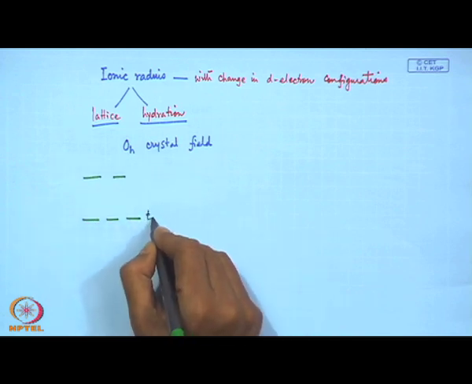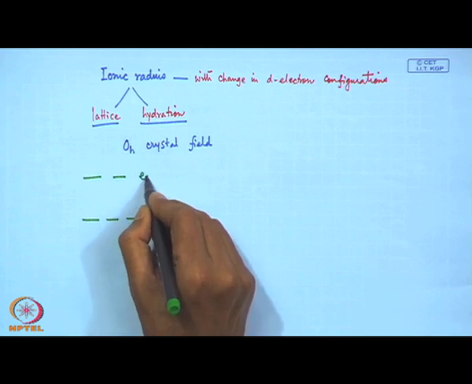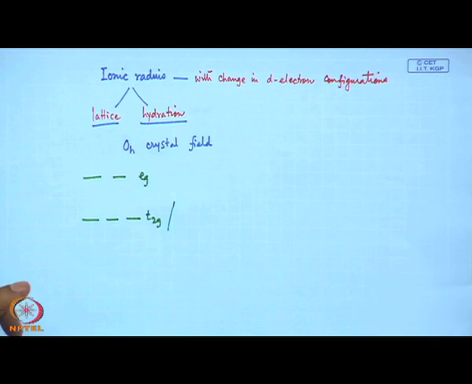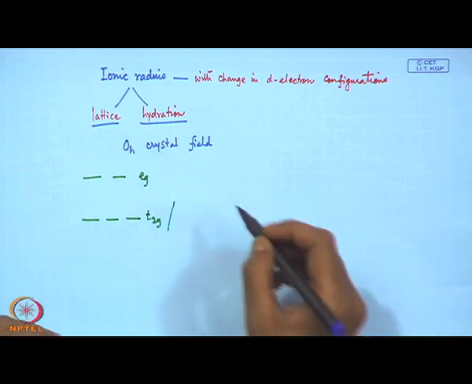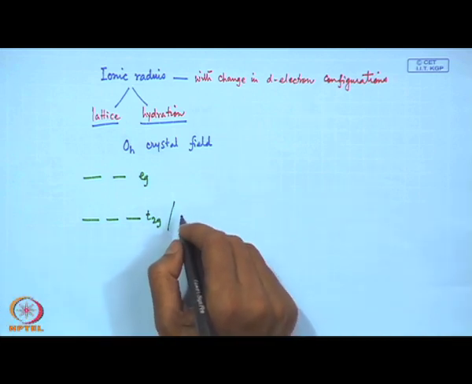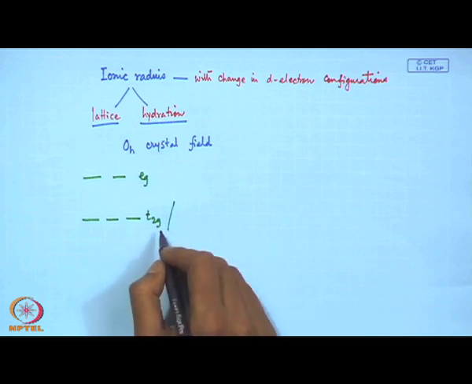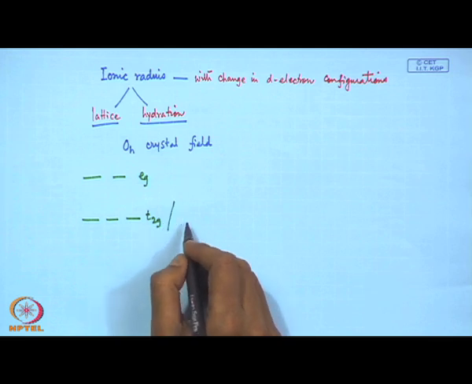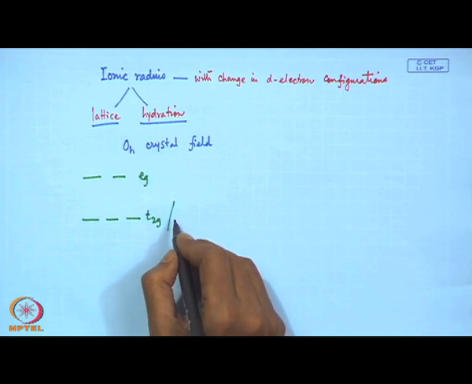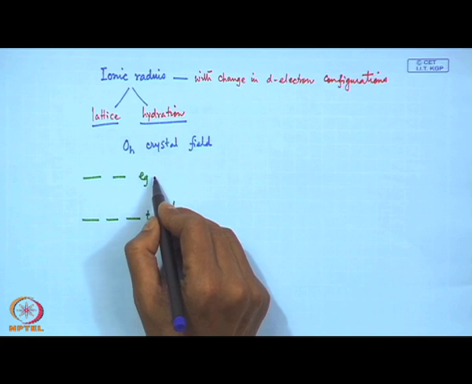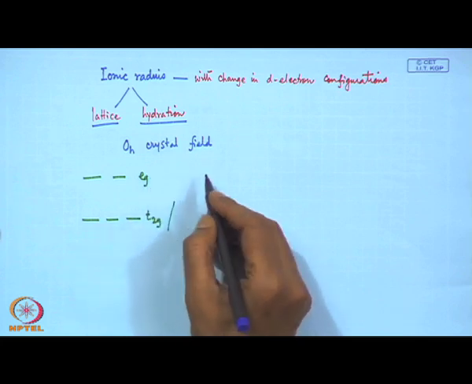So, this T2G set is intermediate between the two ligands. If the ligands are facing directly from the x, y and z directions, the orbitals are placed between x and y, between y and z and between z and x. So, these are of different direction, and are not facing the ligand direction.